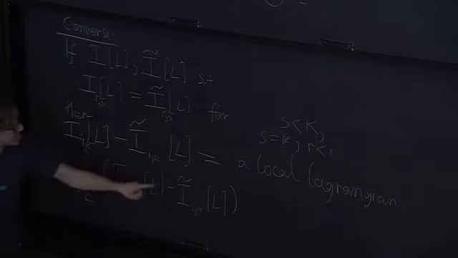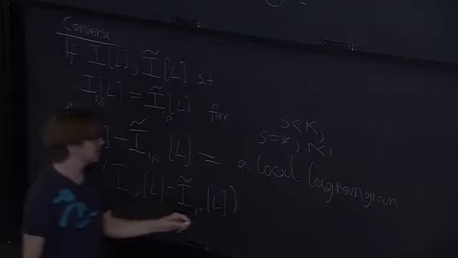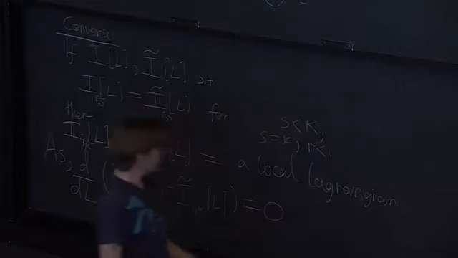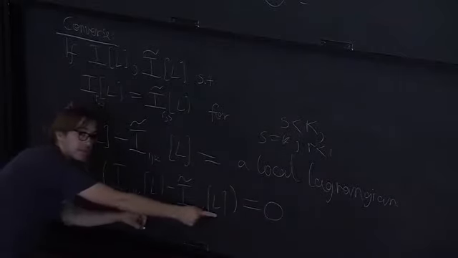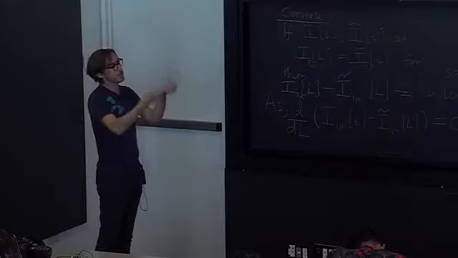Since we've assumed these are the same at lower orders, this derivative must vanish. We also know that for L small, each of these looks local. So if we have something independent of L which for L small is local, it must just be local.